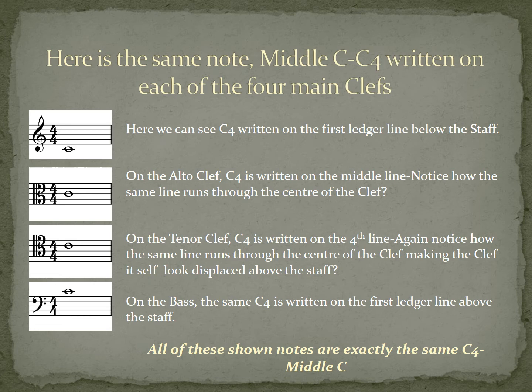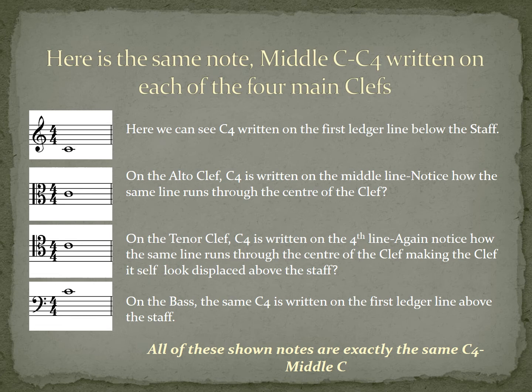The first one at the top, you can see C, middle C, C4, written on the first ledger line below the staff. However, on the alto clef, we can see that C4 is written on the middle line. Notice how the same line, again, as we explained earlier, runs through the centre of the clef.